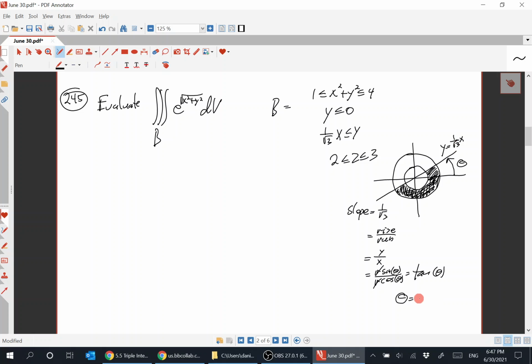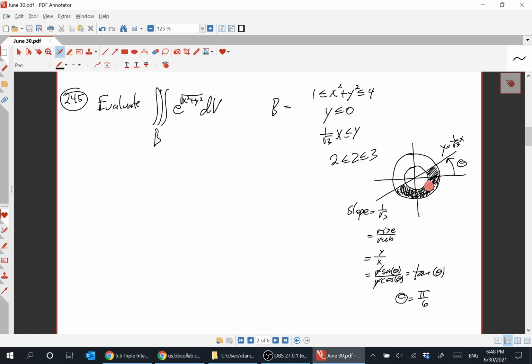It's pi over 6. Sine over cosine: sine is 1/2, cosine is root 3 over 2. These cancel and you get 1 over root 3. So that angle there is pi over 6.